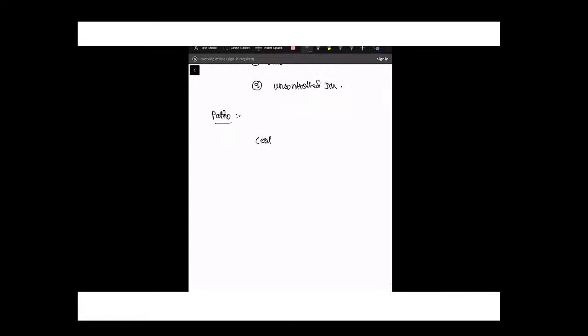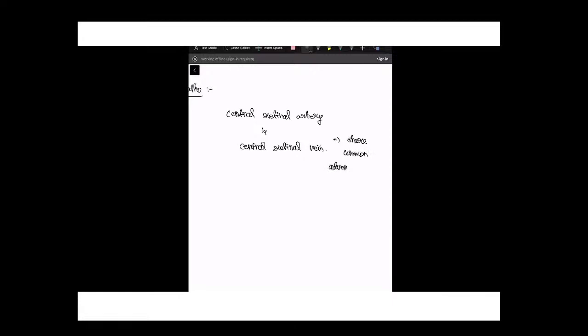Usually the central retinal artery, the main artery that supplies the retina, and the central retinal vein, the main vein to drain the blood from the retina, both share a common adventitious sheath.